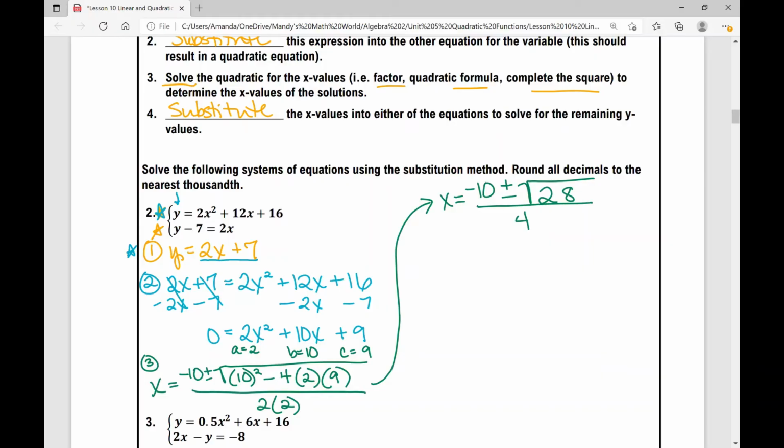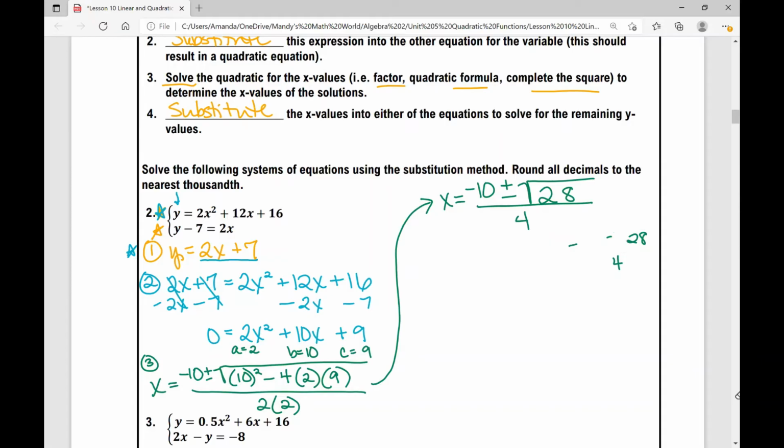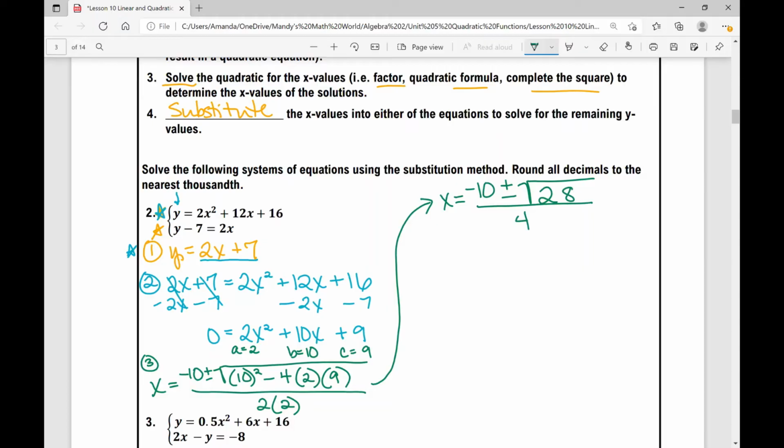Just click that to give yourself a little refresher, because what you're going to do is set up two equations. x equals -10 plus the square root of 28 over 4, or x equals -10 minus the square root of 28 over 4. So go ahead and pause the video, use your calculator, do that now, and we're going to take the decimal answers and round to the nearest thousandth. So that's 3 decimal places out.